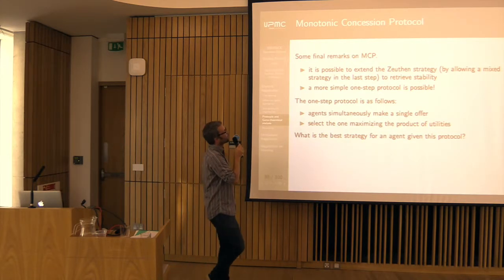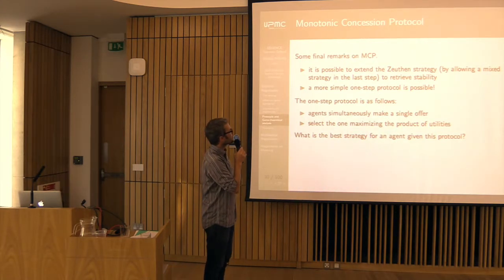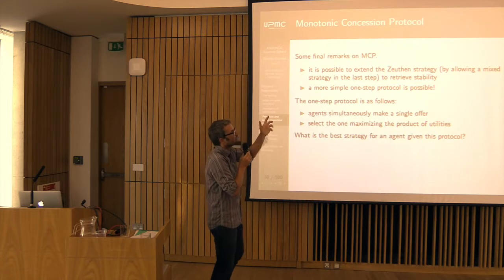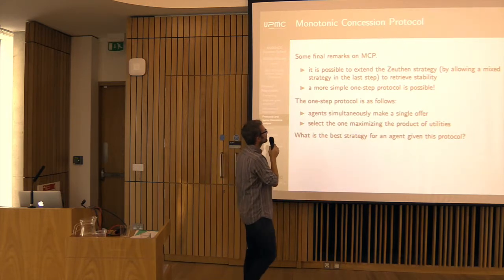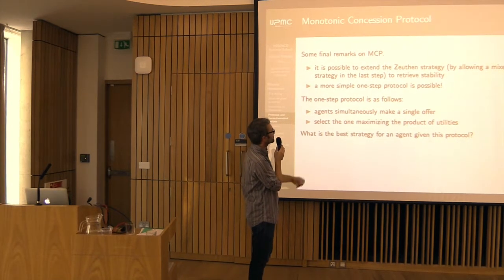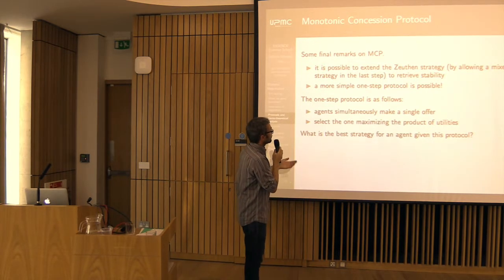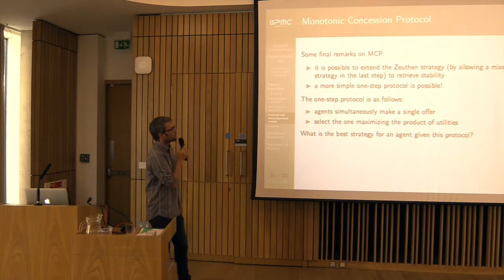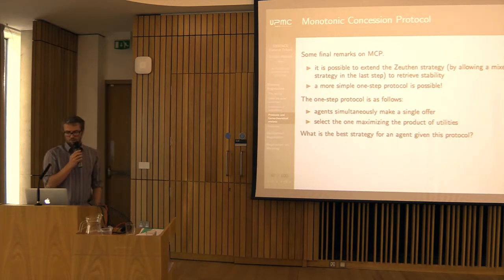Okay, we can extend the Zeuthen strategy by allowing for this last tiny thing in the last step to get the stability. So you can have a mixed kind of strategy where you randomize over the outcomes. But actually, a more simple one-step protocol is possible. You can just assume that agents make a single offer, and the protocol will select the one maximizing the product of utility.